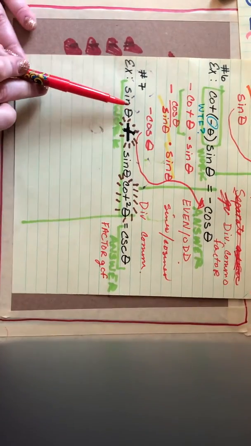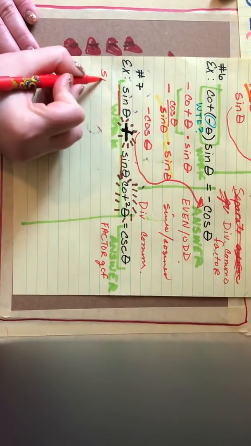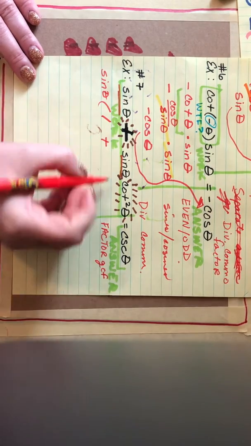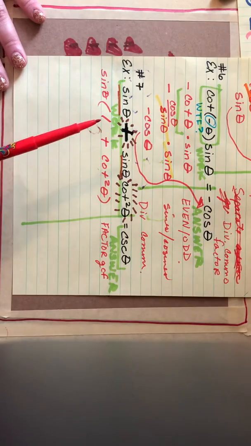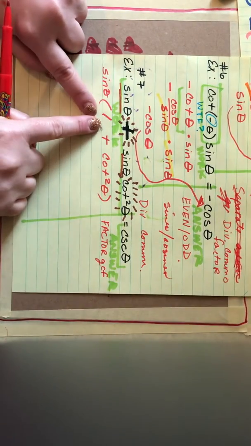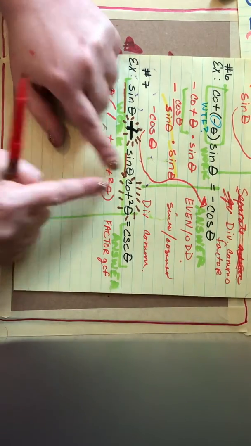What's the GCF of these two terms? Sine. So let's factor it out. We get sine theta, parentheses, 1 plus cotangent squared. Because if I divide sine by sine, I get 1. If I divide this by sine, you just get cotangent squared.